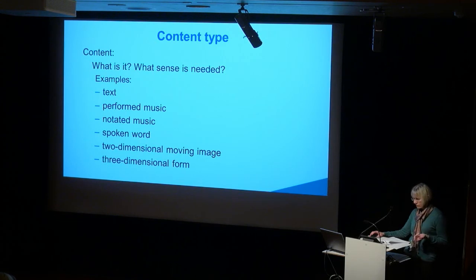Performed music, a sound recording of music. Notated music, it's a score. Spoken word, a sound recording of a book. Two-dimensional moving image, that takes a bit of getting used to, but that's a video recording. And the three-dimensional form is a globe or a toy, etc.